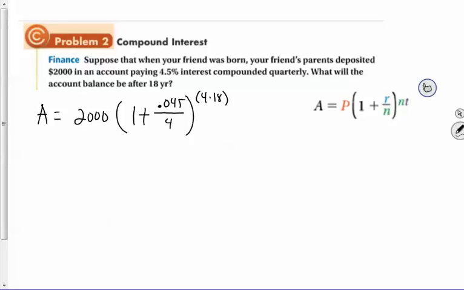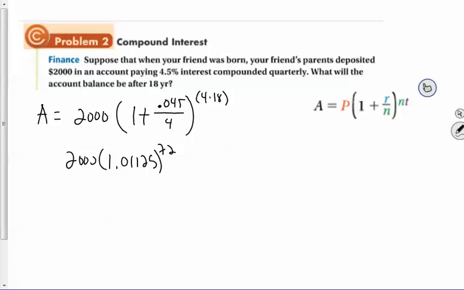Now, do not try to do this all in one clean shot with your calculator. Calculate each part individually. So this becomes 2,000, and then inside here I get 1.01125, and 4 times 18 is 72.